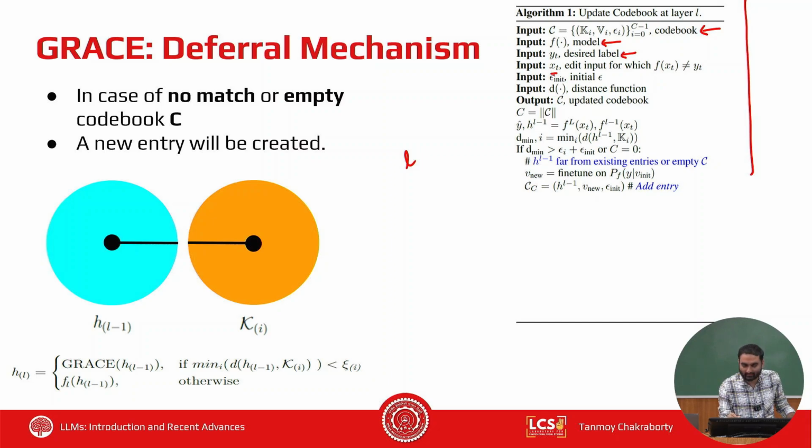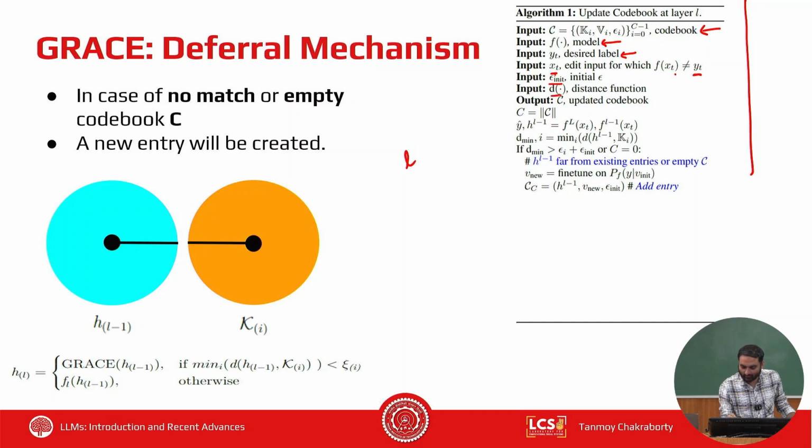Now x_t is such an input for which the output is not y_t. The output is Barack Obama, but you want it to be updated to Joe Biden. What is this epsilon init? Epsilon init is the initialization of the epsilon for every knowledge. As I mentioned, with every knowledge we have this epsilon radius, so we initialize this with epsilon init.